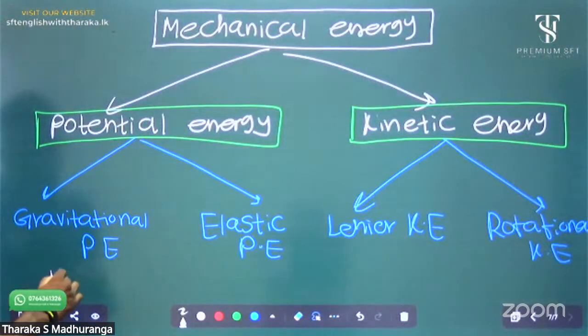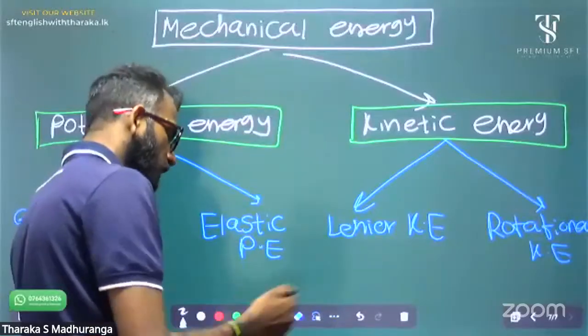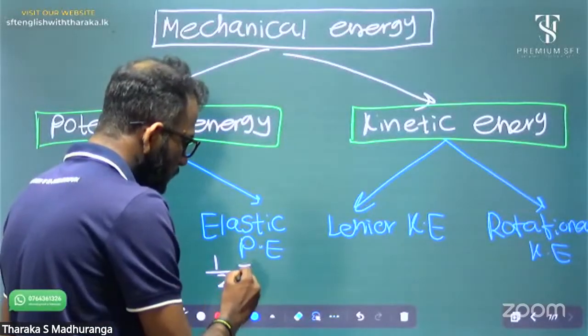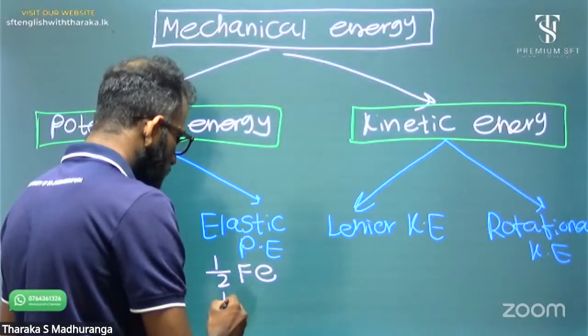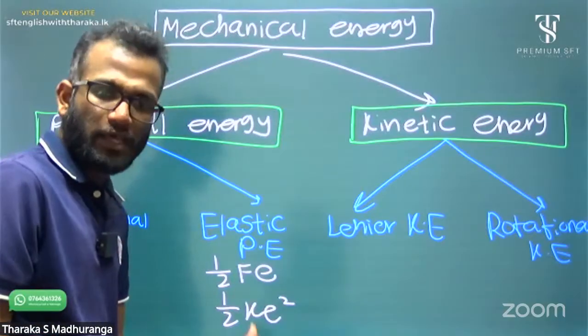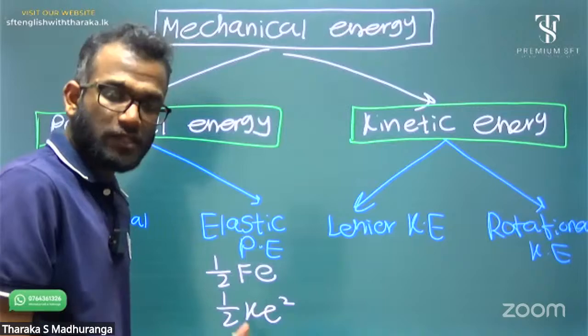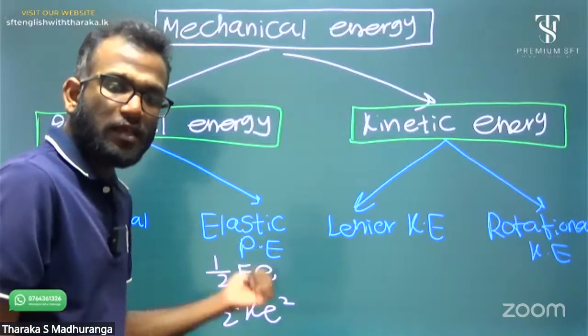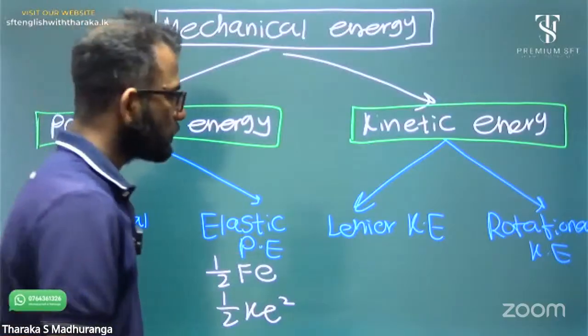Gravitational potential energy, how to calculate? mgh. Elastic potential energy has two equations: half Fe and half ke squared. What's the meaning of K? Spring constant. e is the extension, F the applied force.